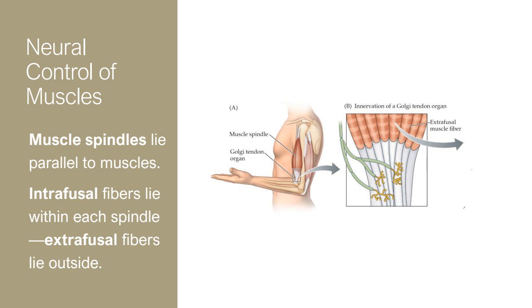The muscle fibers that are responsible for the contractions are the extrafusal fibers, the fibers that are outside of the spindle. That's these right here, and we've got this blown up a bit. Muscle spindles lie parallel to the extrafusal fibers, so that when the muscle stretches, so do those associated spindles.